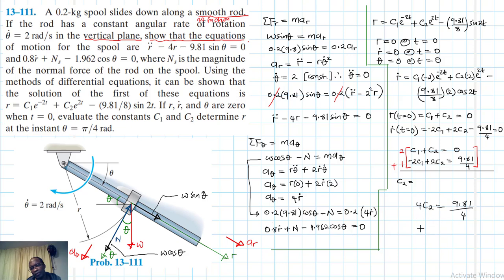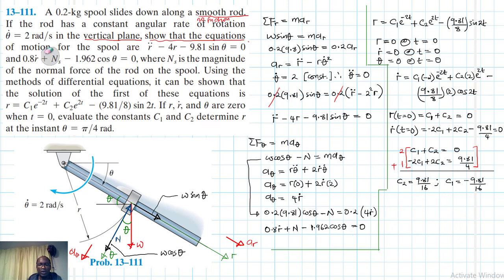So therefore C2 just becomes 9.81 divided by 16. Now we can use the first equation to find C1. These are the same, just different in sign, so C1 just becomes minus 9.81 divided by 16.